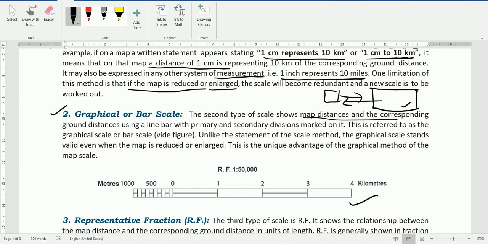In this type of scale you will find two divisions. See here, this side is known as the primary division, and this side is known as the secondary division.